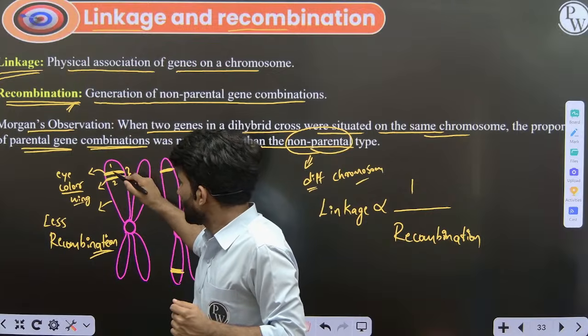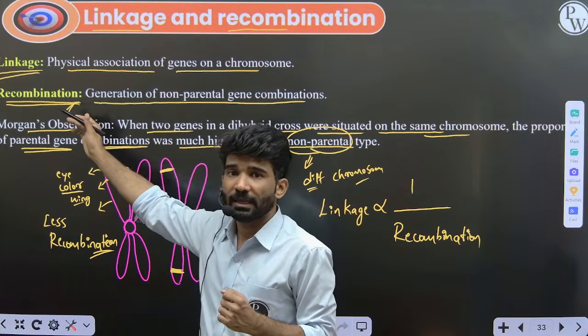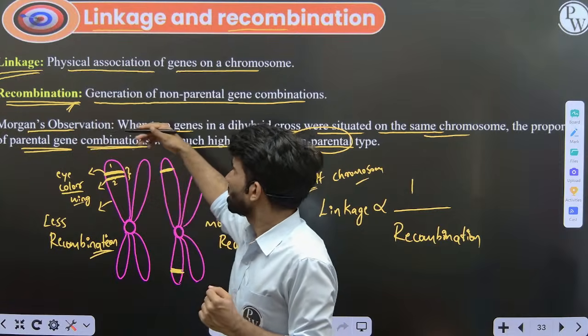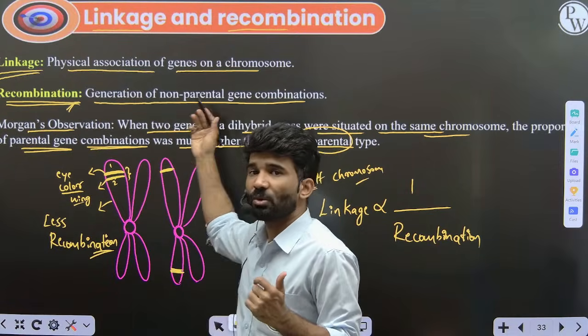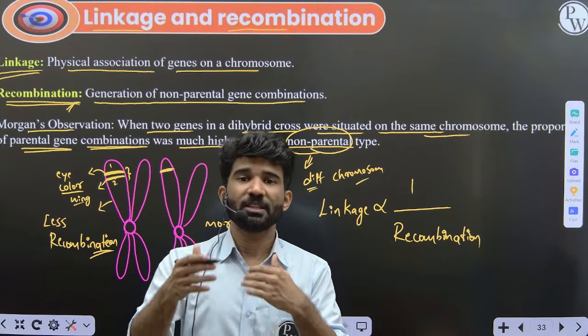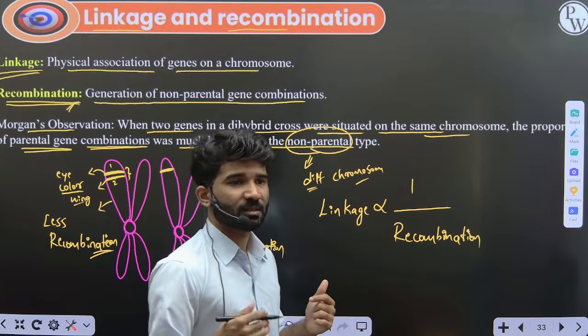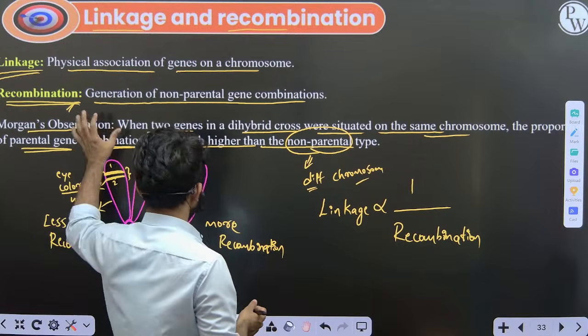The physical association of genes on a chromosome is called linkage. Recombination is the generation of non-parental combinations: when chromosomes recombine, they generate new characters. That is what is called recombination.